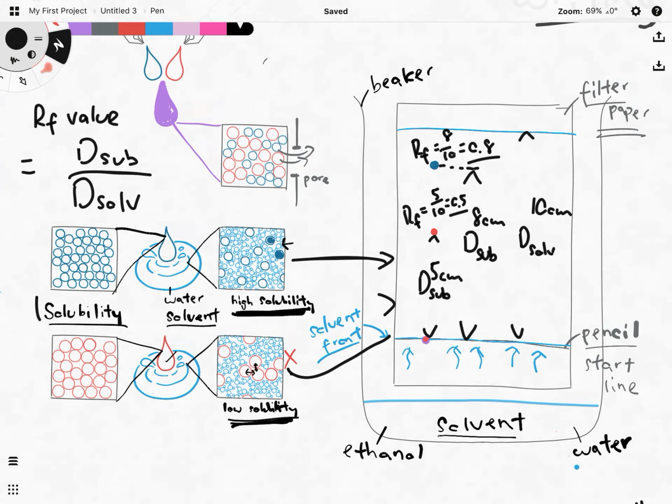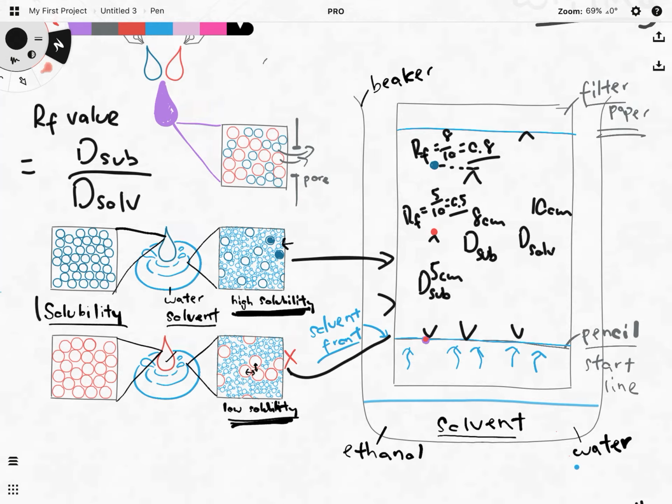The closer the RF value is to 1, because if the ink droplet travels at the same rate as the solvent front, imagine it's 10 over 10, then it's going to become 1. So the closer the RF value is to 1, the higher the solubility of the substance.